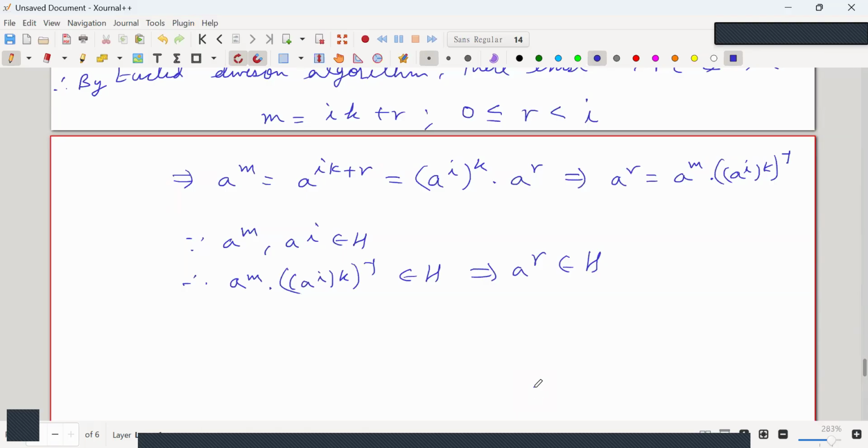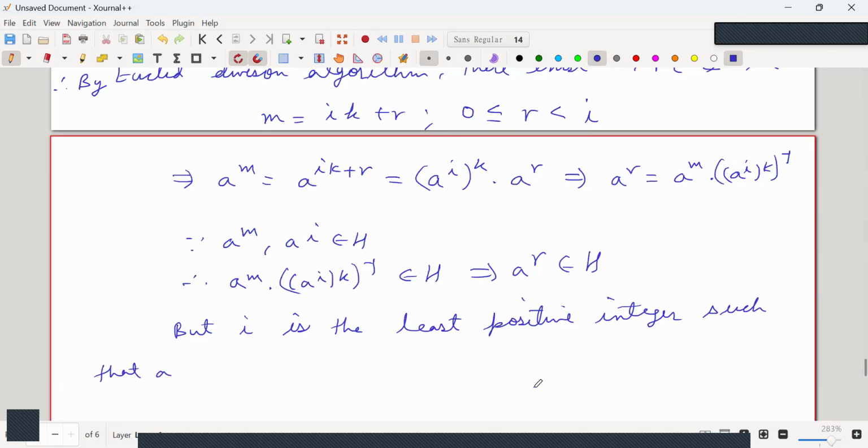But the least positive integer for which a raised to something is inside H is i. So, but i is the least positive integer such that a^i is inside H, right?